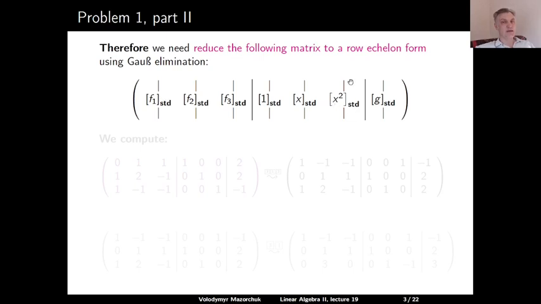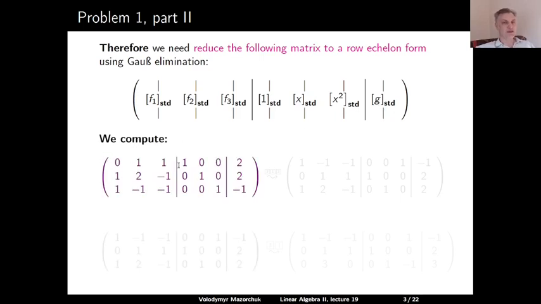Then the middle part is the identity matrix, the matrix of the coordinates of the elements in the standard basis with respect to the standard basis. And the rightmost part is the vector of the coordinates of our polynomial g in the standard basis. So let's do this computation.